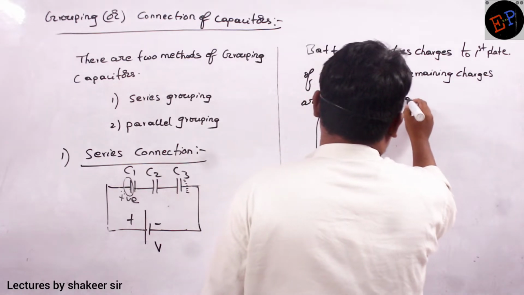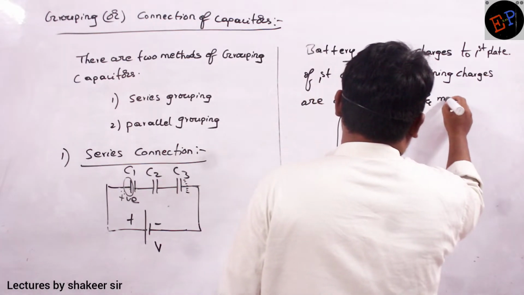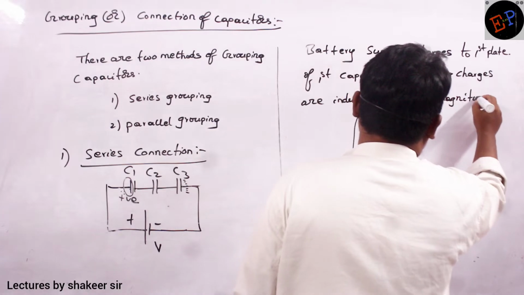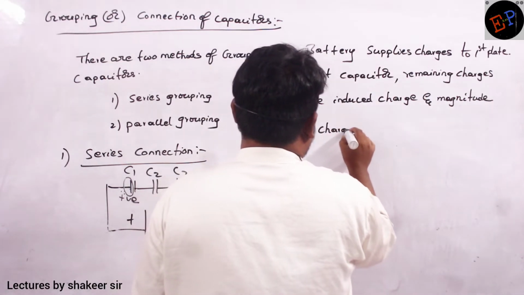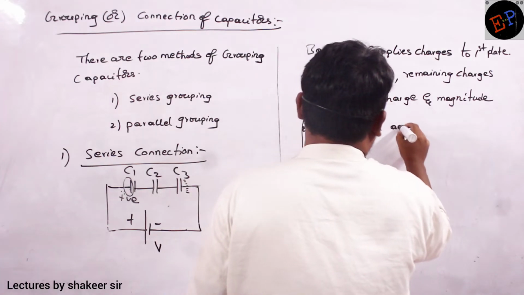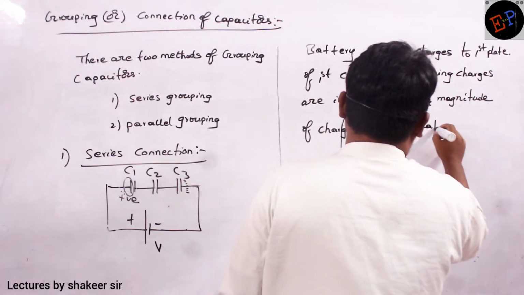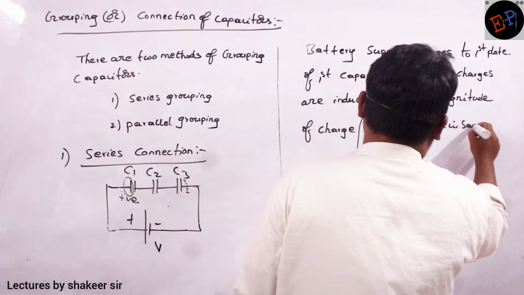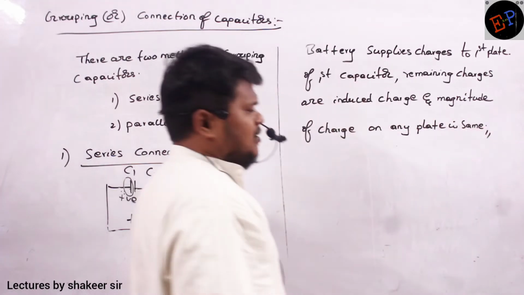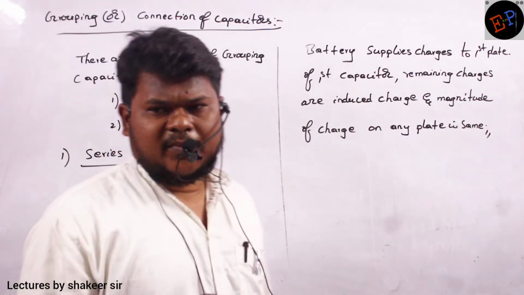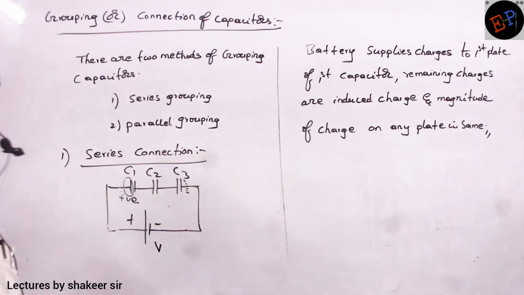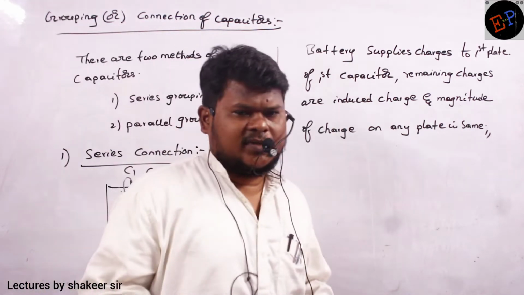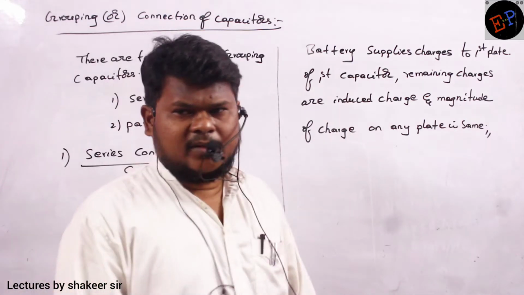And the magnitude of every charge is the same. The magnitude of charge on any plate is the same. It means on some plates there will be positive charge, on some plates negative charge, but the strength of charge, that is the magnitude of charge, remains the same.